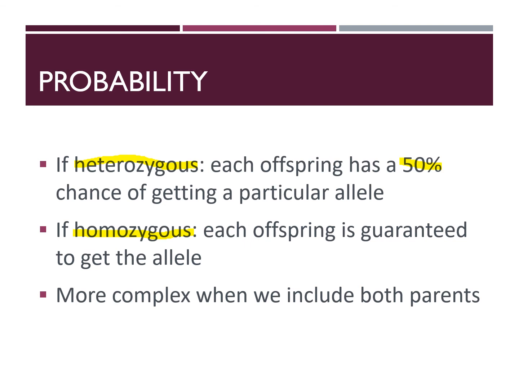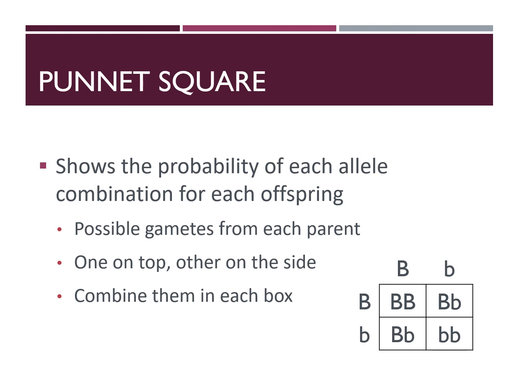When we include both parents, this is when it gets more complicated. And so we have some tricks for illustrating the possibilities. The major one is called a Punnett square. You take the possible gametes from one parent and put them across the top, the possible gametes from the other parent and put them on the side.